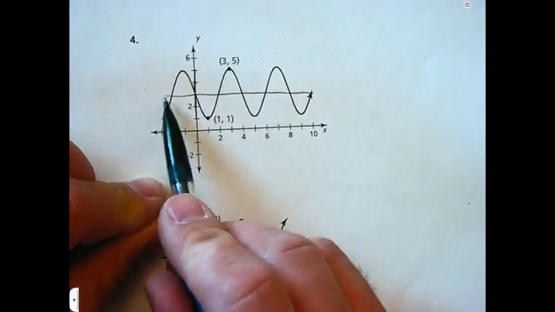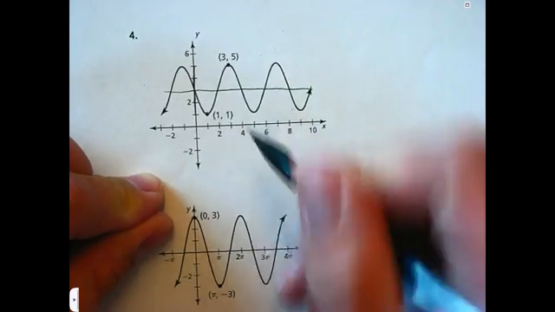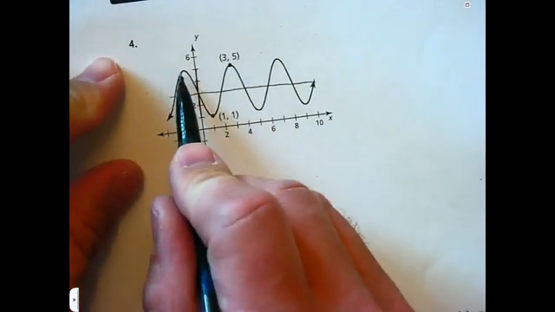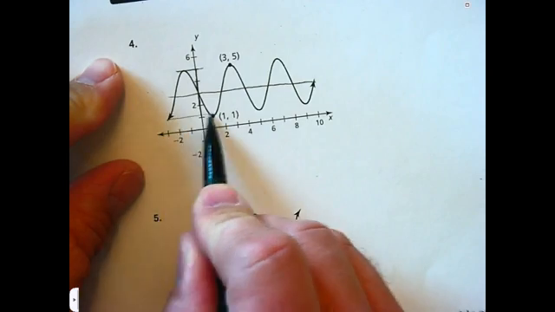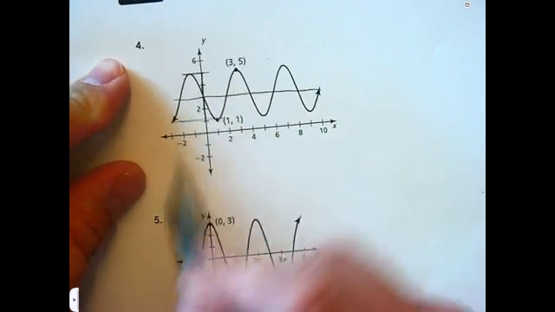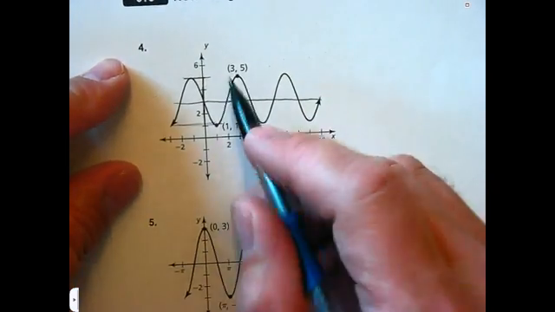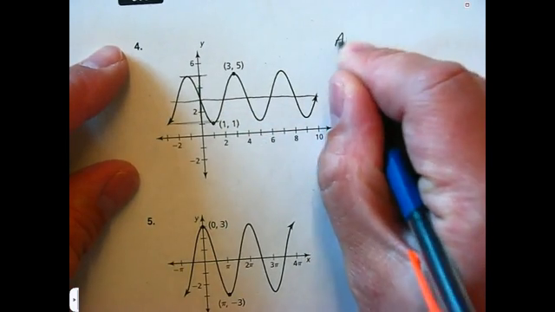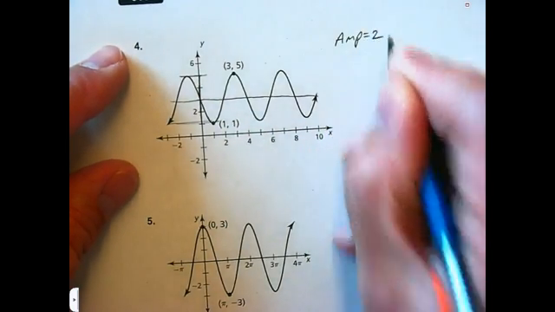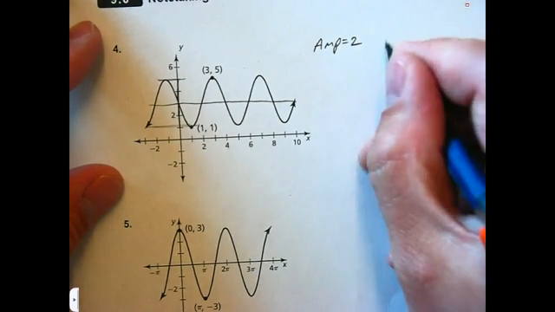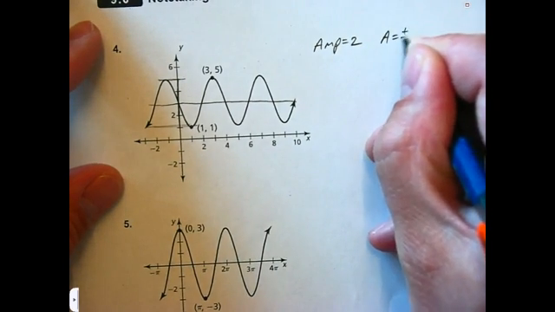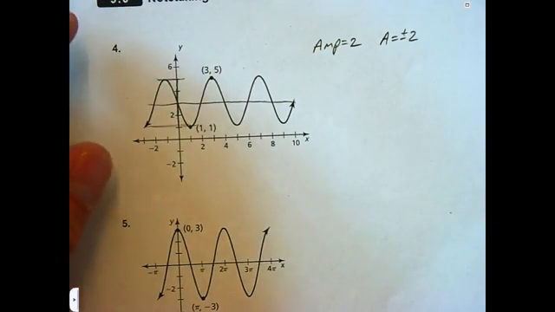Okay, so here's my midline, meaning to help me find the amplitude, I am figuring out the distance I'm going up above or below the midline, which in this case is 2. So the amp is 2, meaning my A term has to be positive or negative 2. It's up to you which one you use.